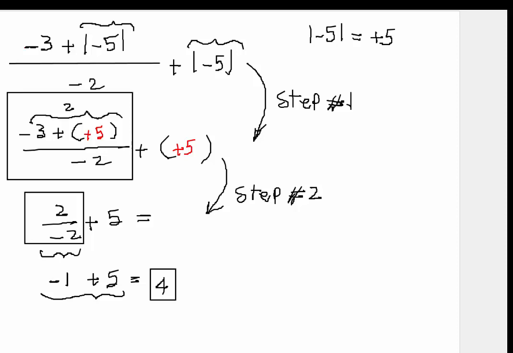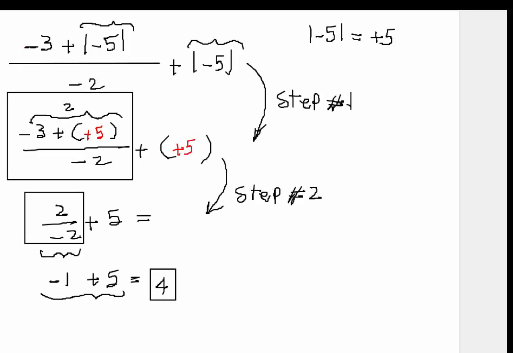Let's concentrate on that one step then. So I have minus 3 plus 5 over minus 2. And that's what we have here. Minus 3 plus 5 over minus 2.